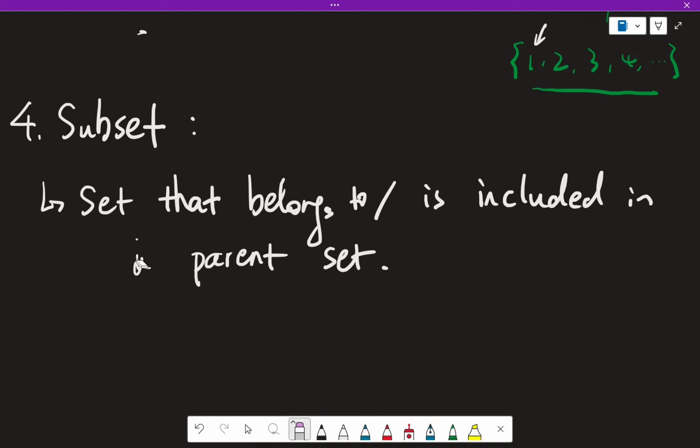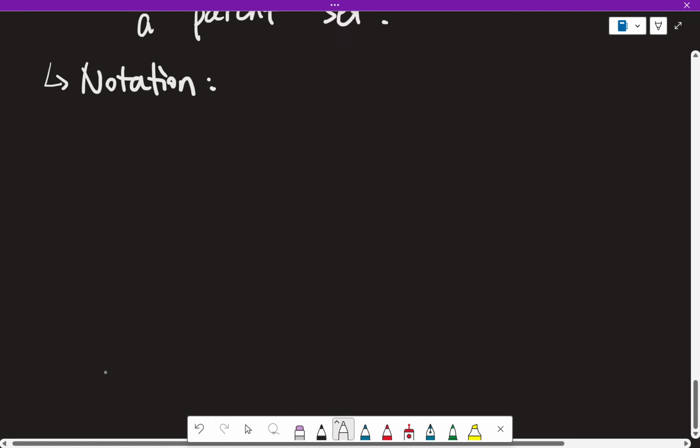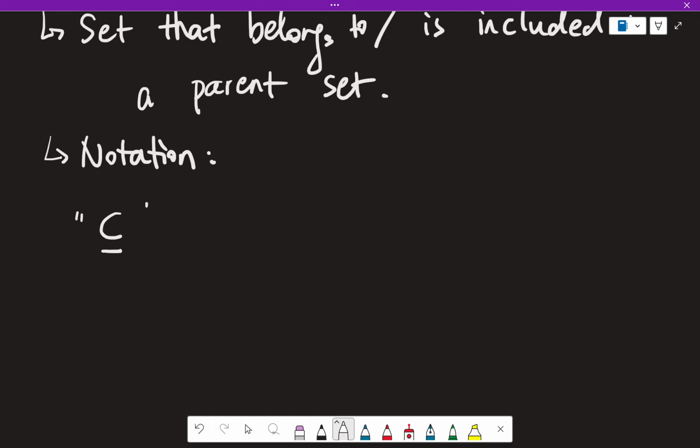How can we denote this subset? Some notations that we can use to denote a subset would be the following. The first one would be this, kind of like this. And this could be read as "is a subset of".